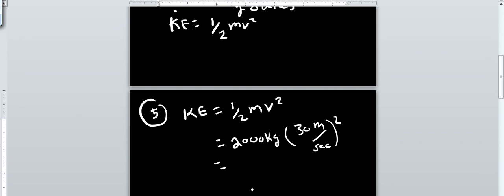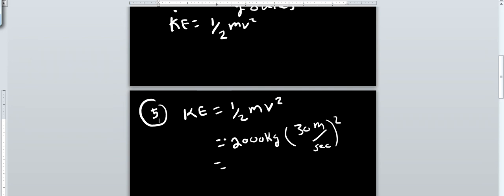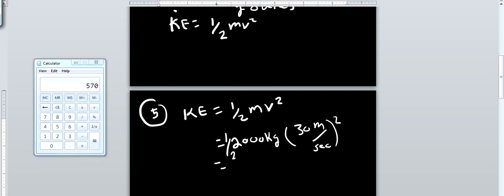So we simply do a multiplication problem here. Remember, don't forget the 1/2 mark here. 1/2 times the mass times velocity squared.